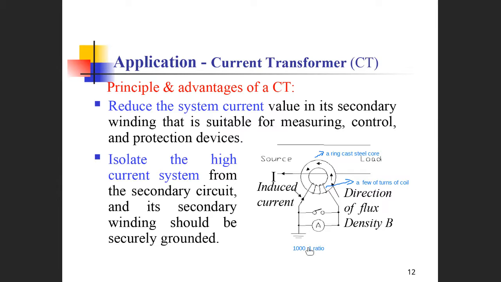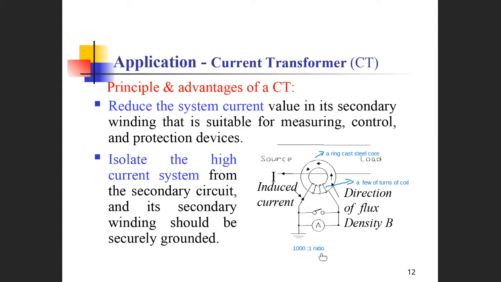Just an example. That's the current transformer. We can use a small ammeter to monitor 1 ampere. When we get 1 ampere on the monitor, we say, oh, the wires have 1000 amperes, because you cannot directly measure 1000 amperes. So that's the current transformer.